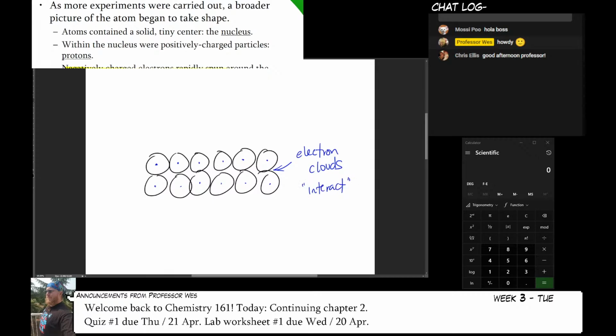So if you come to contact with another object, like say my hand hitting the table here, the electron clouds on the atoms in my hand and the electron clouds of the table interact. And what charge are electrons? Well, we've already learned that they are negative. What would two negative things do to each other? Well, they repel.